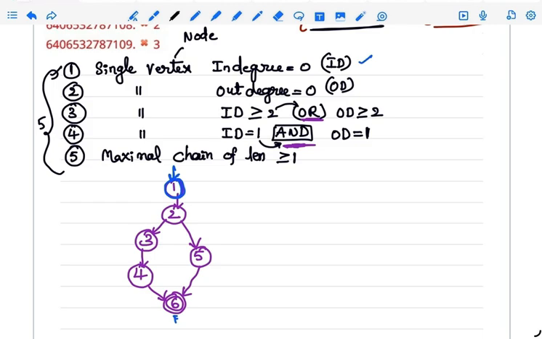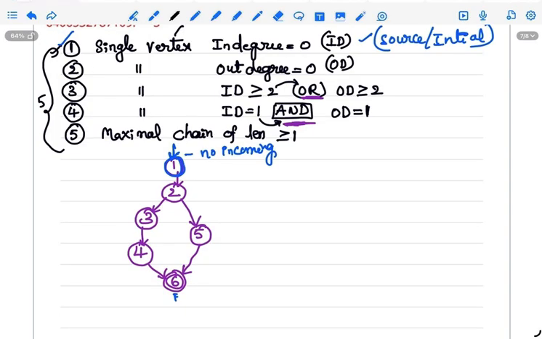Node 1 has no incoming edges, that is in degree 0. This is the source node or initial node. So the first condition is satisfied.